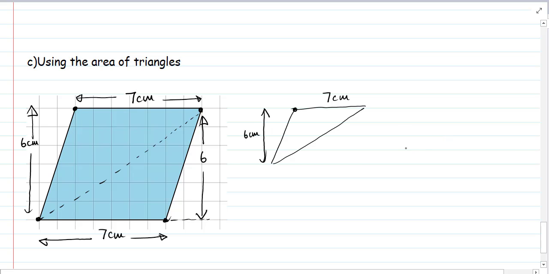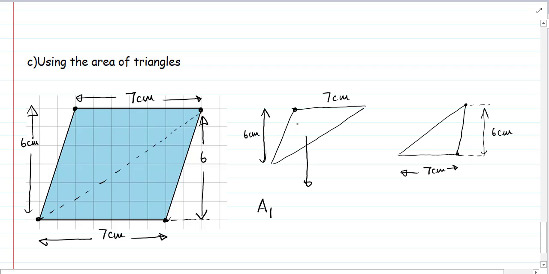Same thing here. Six and here 7. Now using the formula of finding the area of a triangle, I can find this area.